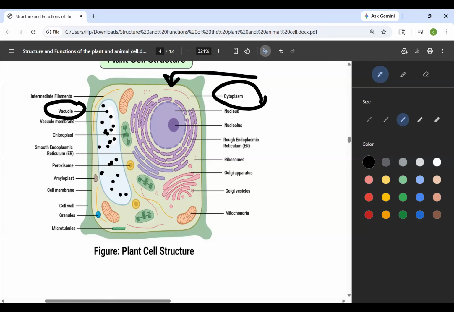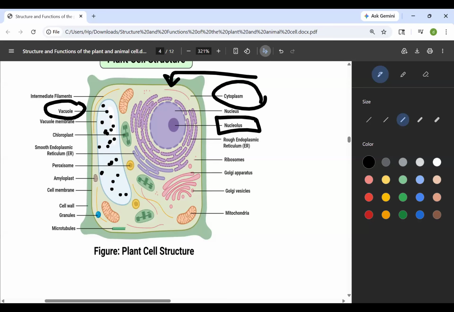Then there's a very prominent purple one on the screen. In the textbook, on the side you can see a ball-like structure that is called the nucleus. In the nucleus, they have named two parts. Nuclear envelope.